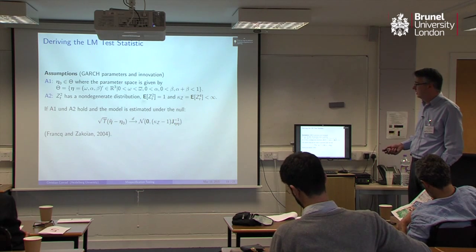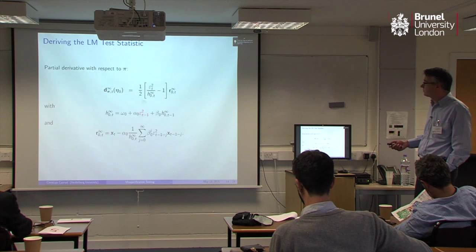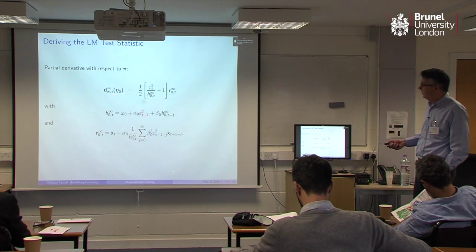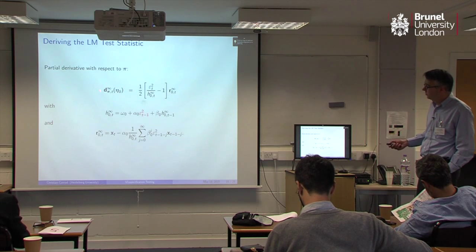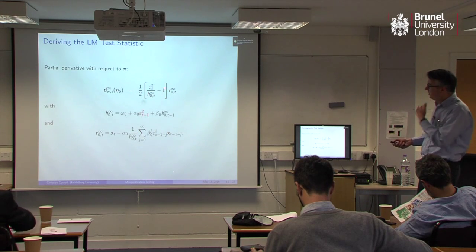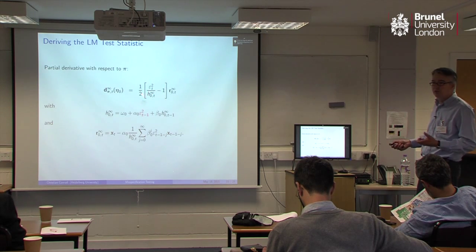This is eta hat QMLE for the model under the null. Then for the test statistic, we are interested in this lower part of the score, so the d_pi_t. This can be written in this way. So basically here you have the squared devolatilized returns.